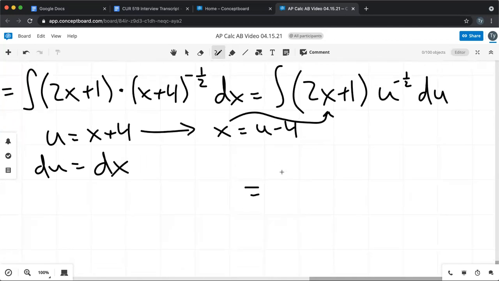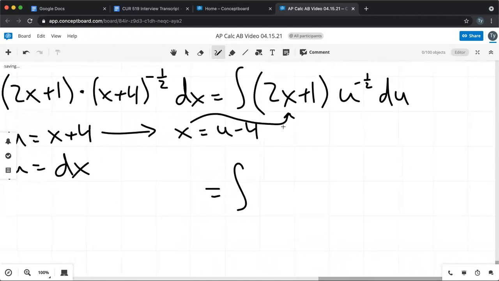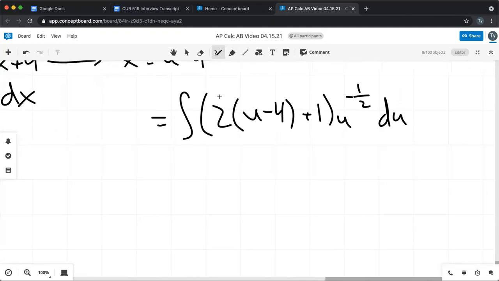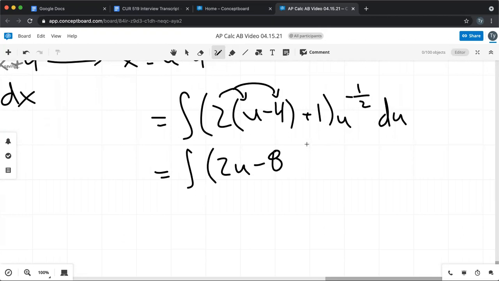So our integral is, instead, we have 2 times u minus 4 plus 1, u to the negative half du. We distribute this 2. We get 2u minus 8 plus 1.